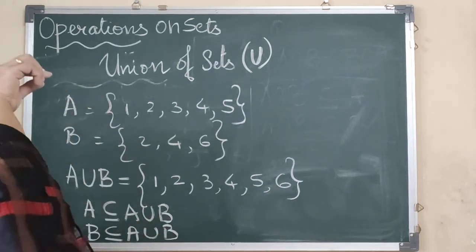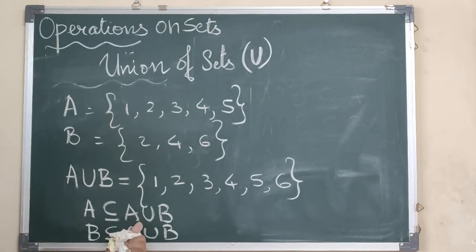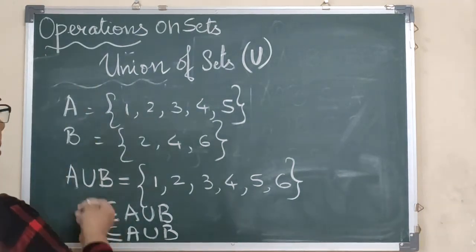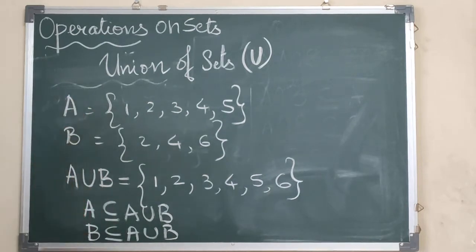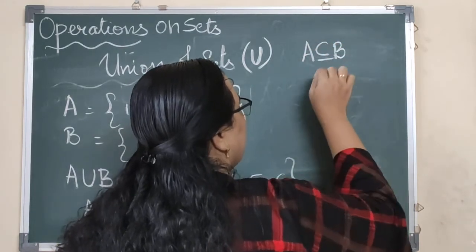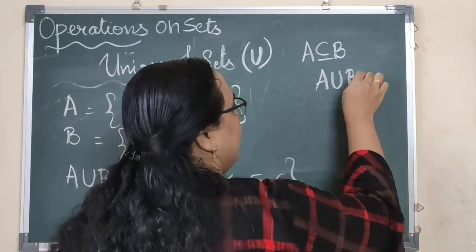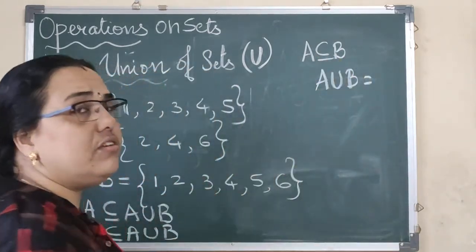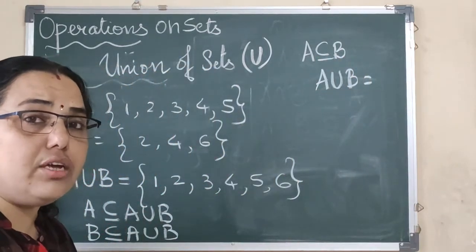Correct? Now, after this, what about the rest of the properties we had seen? What do you think if A is a subset of B, then what would be A union B? Among this, which is the bigger set and which is the smaller set?